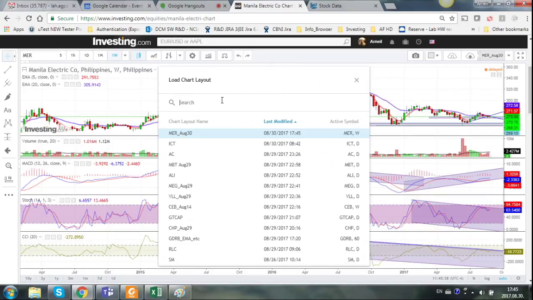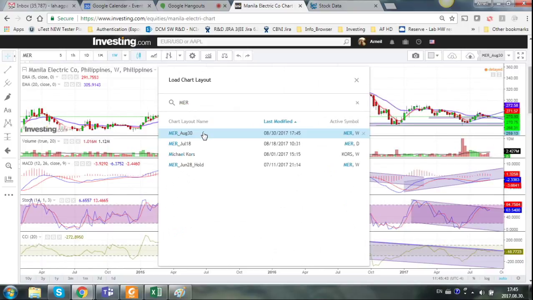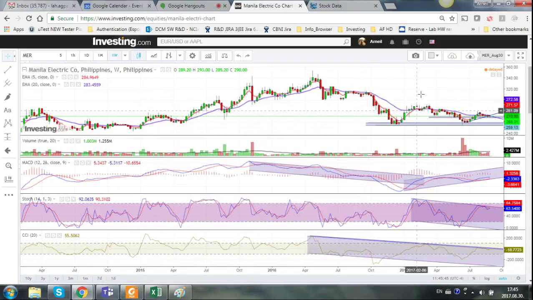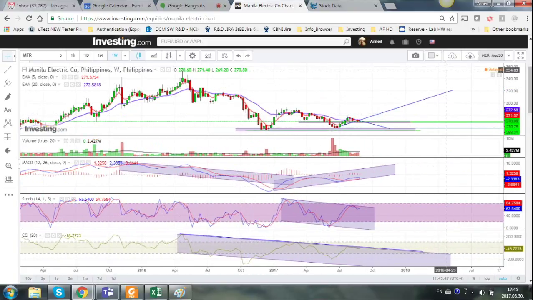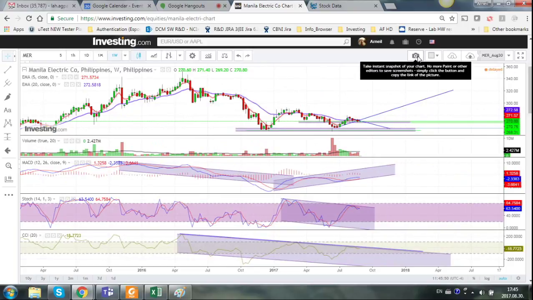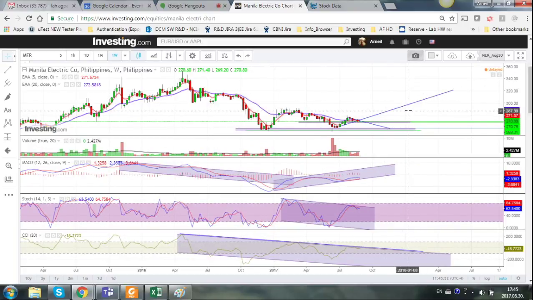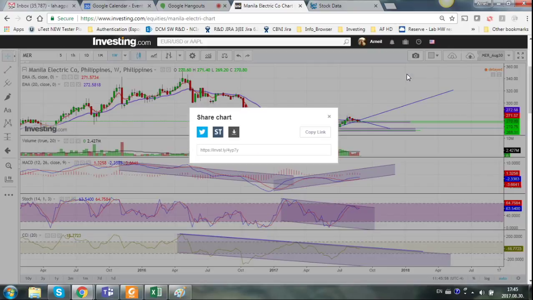Or kung hindi mo makita, ilagay mo APC or MEG. MER. Yan, MER. August 30. So, yan. Then, kung gusto mong i-screenshot. Then, send the link or download. Download or copy.